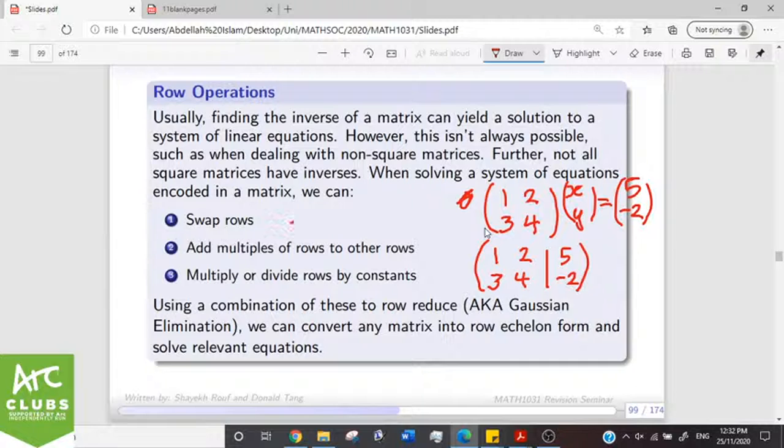How do we do that? Well, we can swap rows if we want. We can multiply one row to another row. We can multiply and divide any row with a constant as well. So using some combination of these three operations, we can turn our matrix into row echelon form.